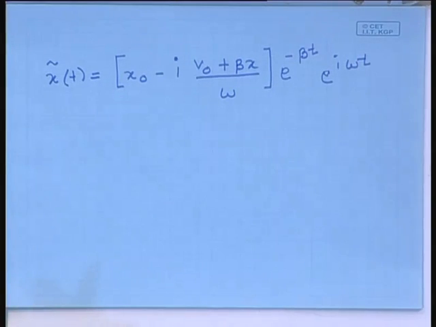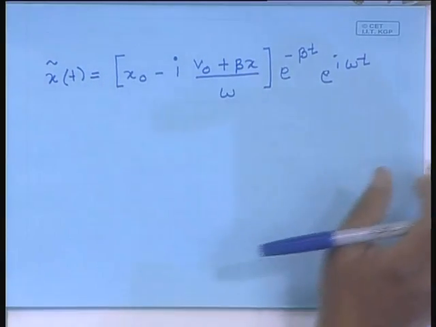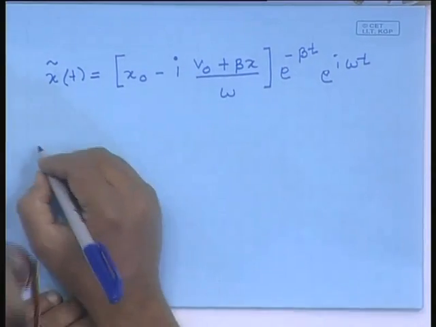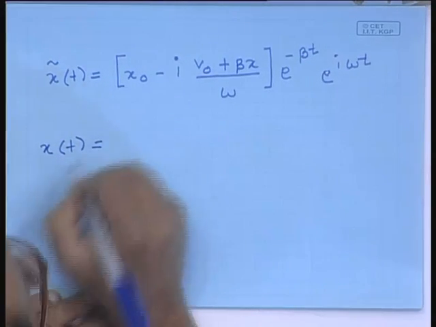Now, if you want an expression for x, the real position, as a function of time, you have to take only the real part of this. So, let us write down from this what the position as a function of time is going to be.